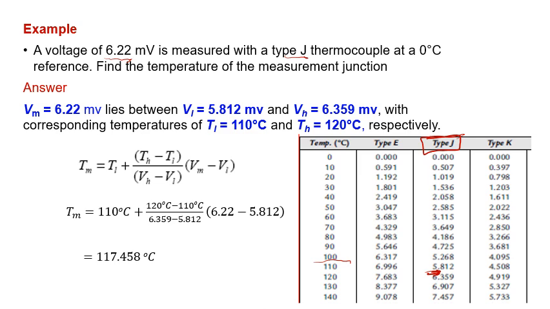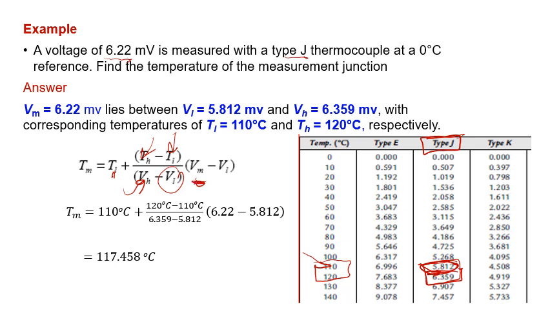You take the data between 110 and 120, and the voltage will be these two voltages. So you are going to take the data as I mentioned earlier. T low is 110, T high is 120, V high is 6.359, V low is the low voltage, which is this value, multiplied by Vm, which is the measured quantity.